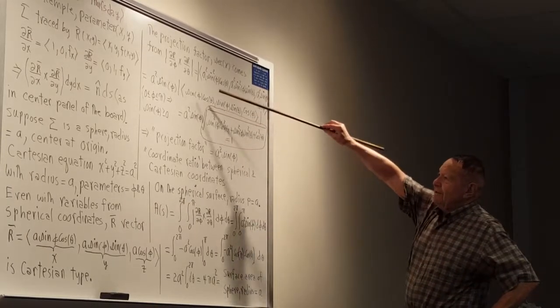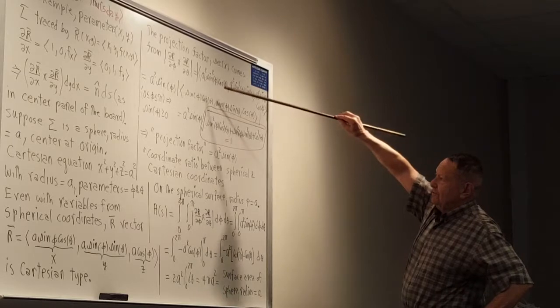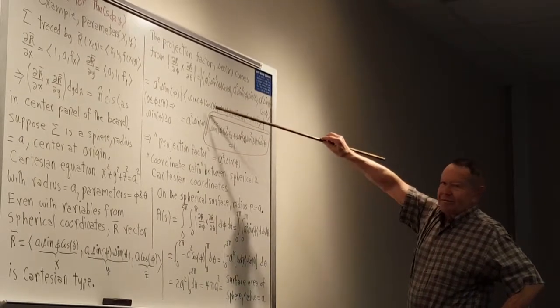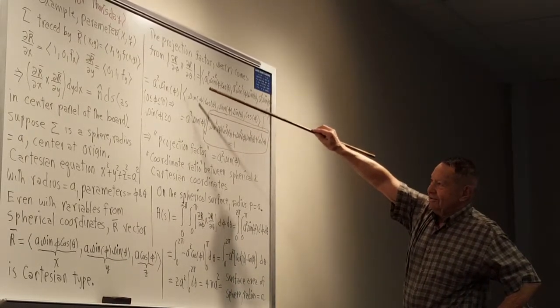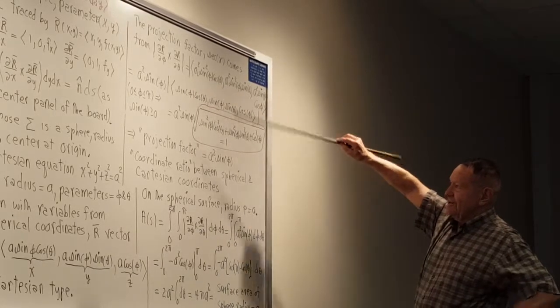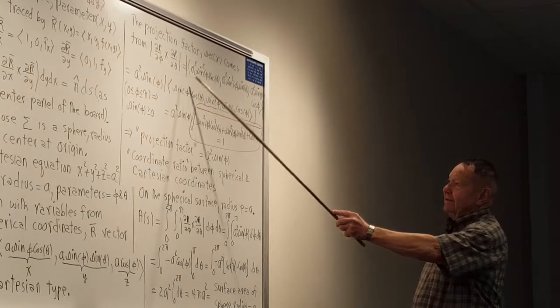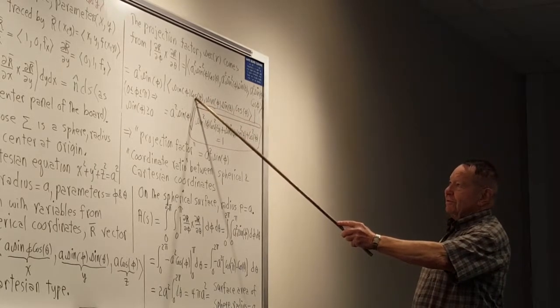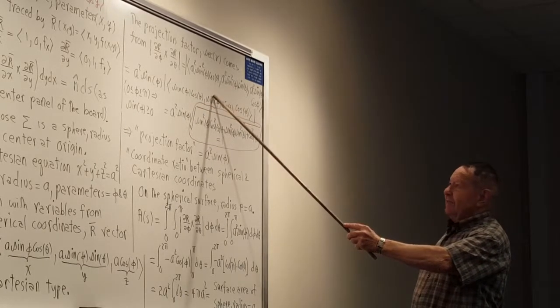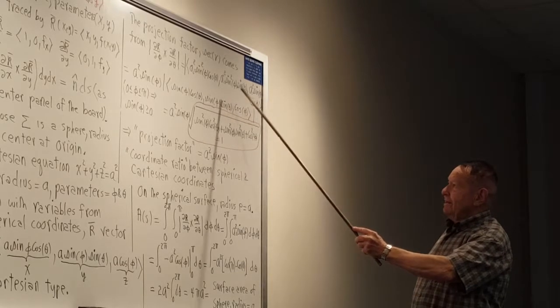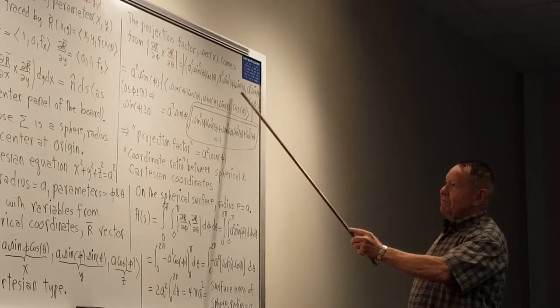And then if you work with the magnitude of this, remember what you do to get the magnitude is you dot the vector with itself, and you'll have a sine square phi cosine square theta, sine square phi sine square theta, cosine square phi.